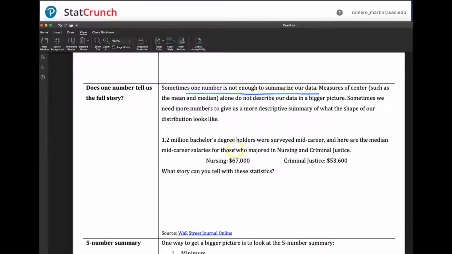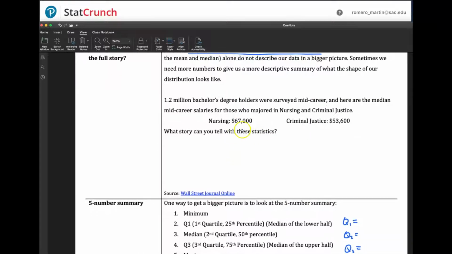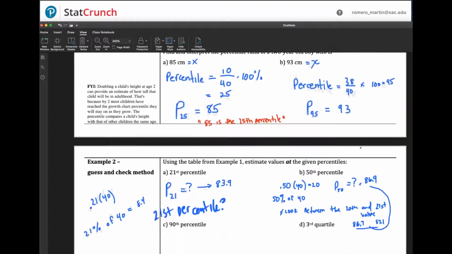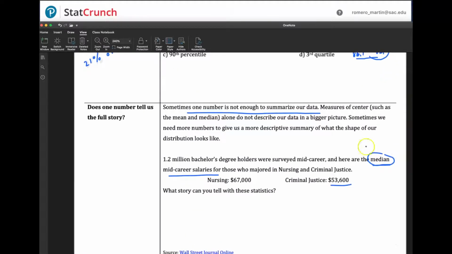For example, think about this real-world data that we found. These are the median mid-career salaries for nursing majors and criminal justice majors. Halfway through your career, half of the people, because that's the median, and the median is the same as P50, the 50th percentile.